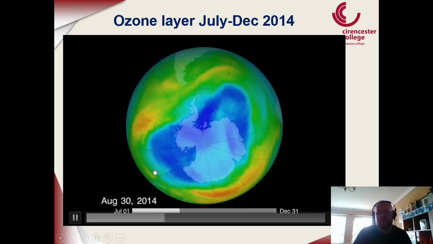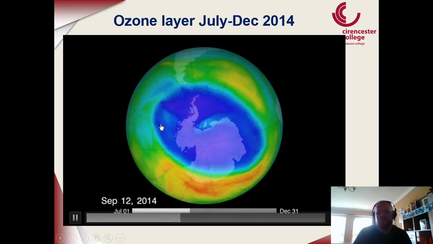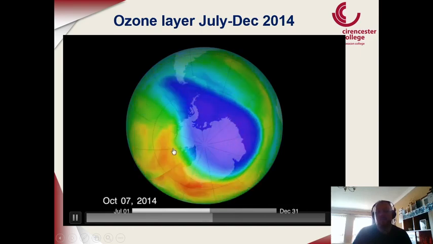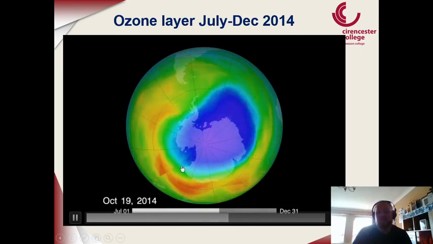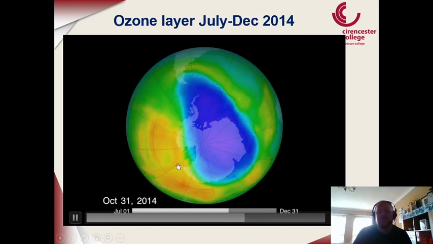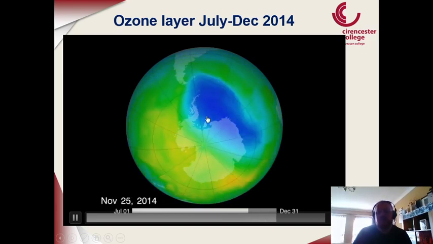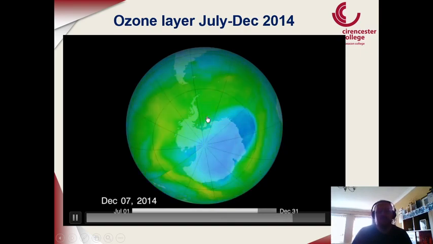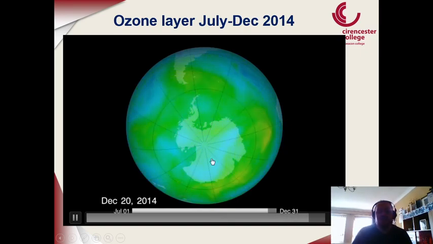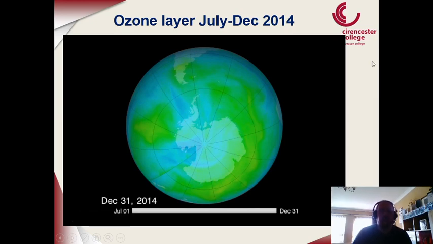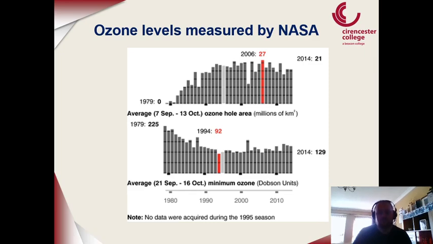This hole here is where there is a shortage of ozone, and going to Antarctica, which is what this represents, is going to be very, very bad for your health, especially if you don't wear proper sunscreen. But we can see as we're getting towards the end of December that the hole is closing up. So it's a seasonal hole rather than something that happens all year round.